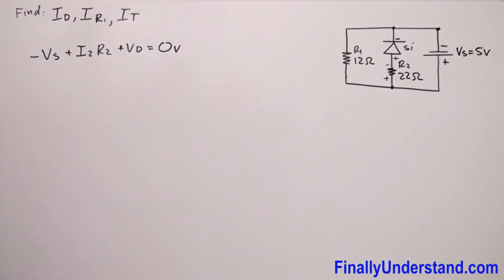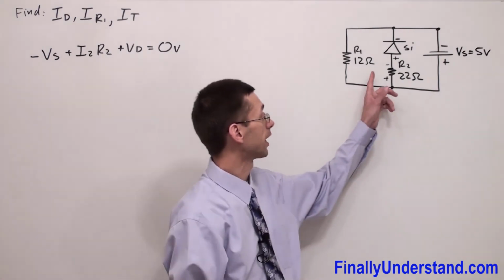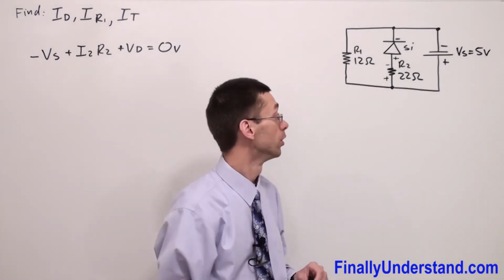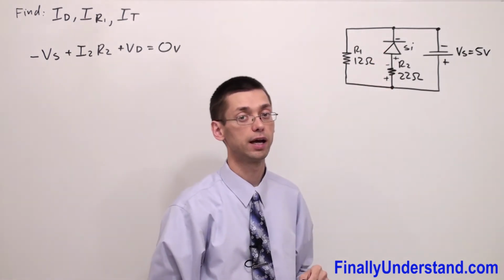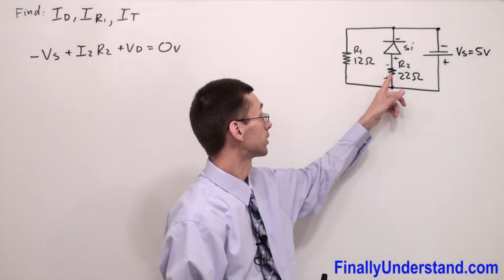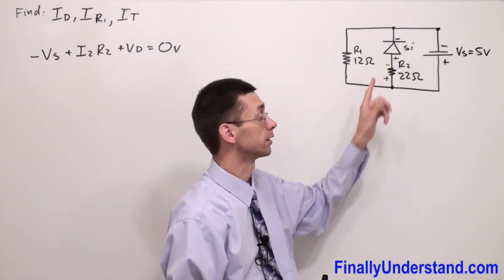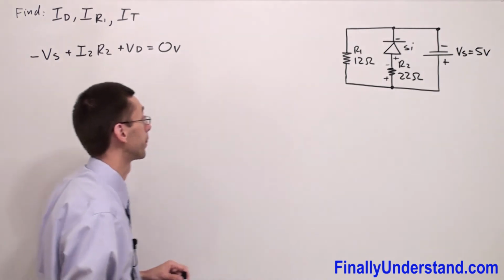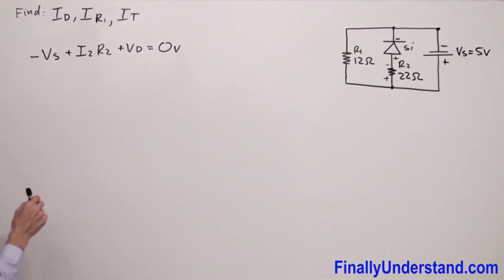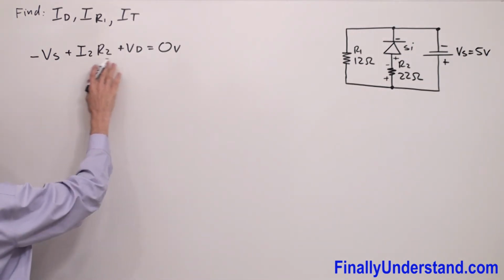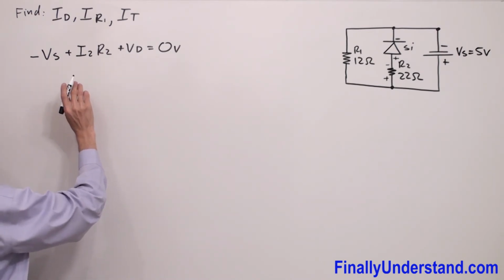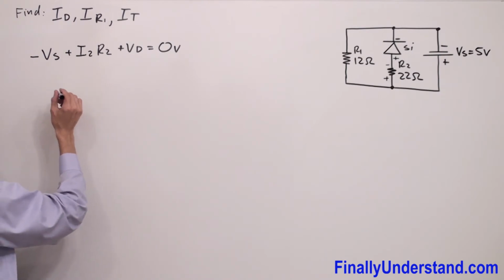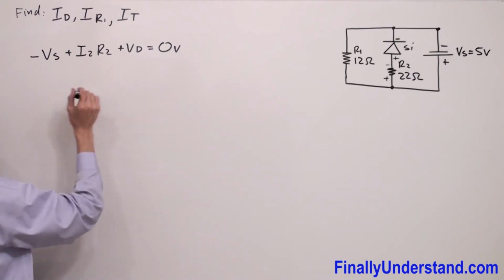Okay. Next, you're supposed to realize that if we are going to find the current which goes to resistor R2, this current is going to be the same current which goes through the diode. So if I find the current through resistor R2, I'm going to find at the same time the current ID. So we're supposed to solve this formula for I2. First I'm going to move my voltages to the right side.